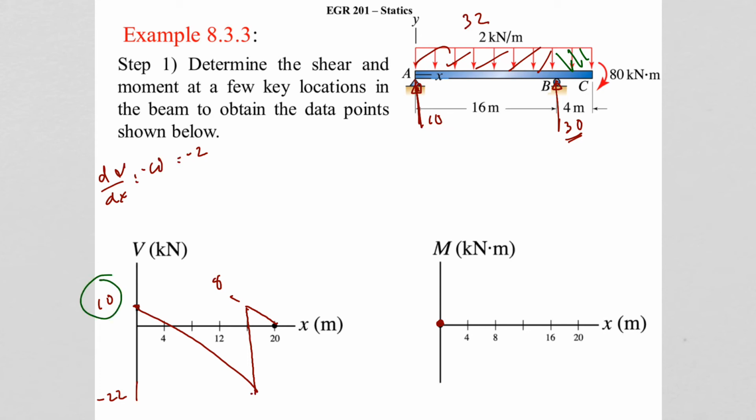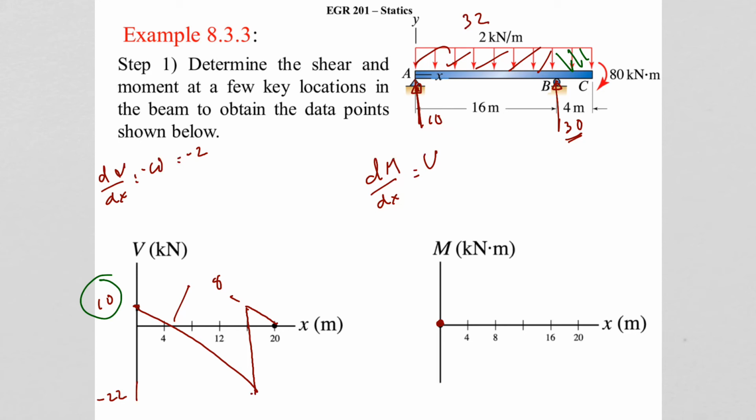Remember, our slope dM/dx is equal to the value of shear at that location. So it is going to be going up, and it's going to be quadratic, because the shear is linear. One thing we know is that this slope is going down at a negative 2, and we want to find the location where it's crossing, because that's going to be a min or max for us.